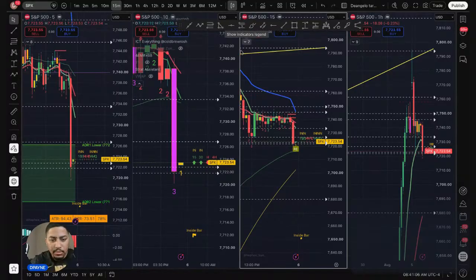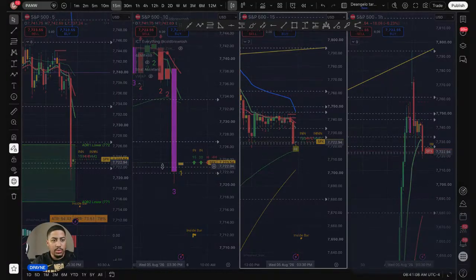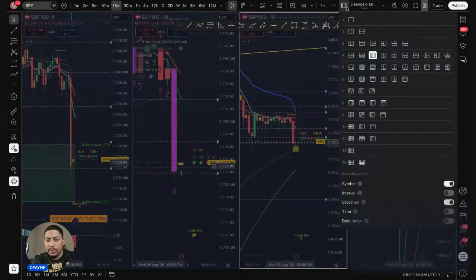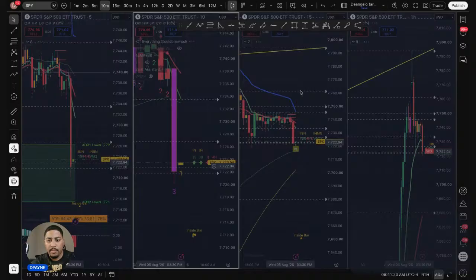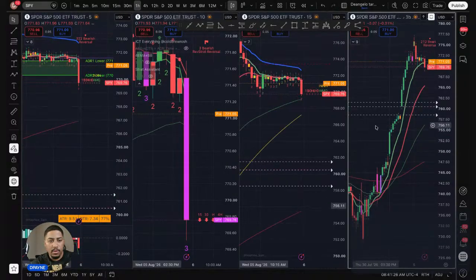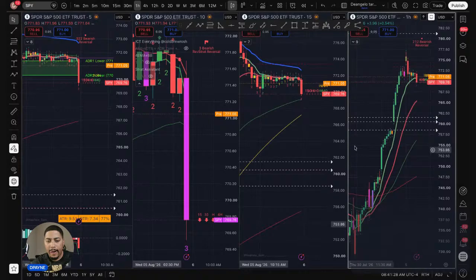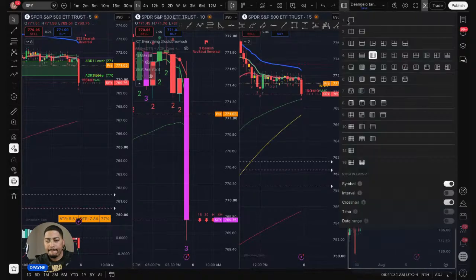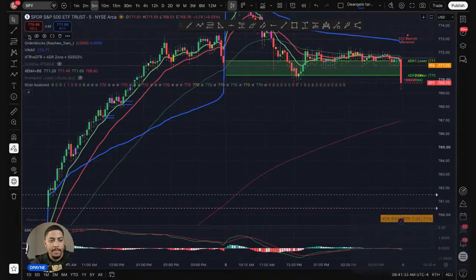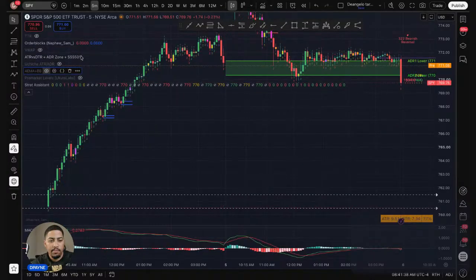Okay, so let's go to SPY. When I draw out these levels, okay, so I got, let's turn off all these indicators.